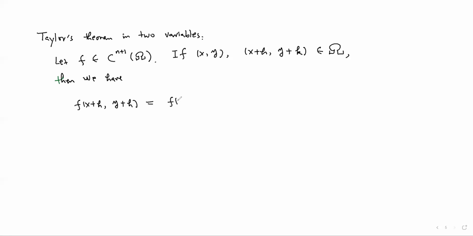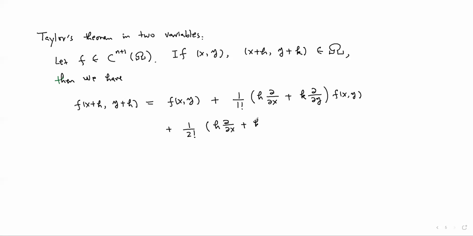This is f of (x, y), first term. Second term: 1 over 1 factorial times (h partial x plus k partial y) f of (x, y). The third term: 1 over 2 factorial times (h partial x plus k partial y) squared.